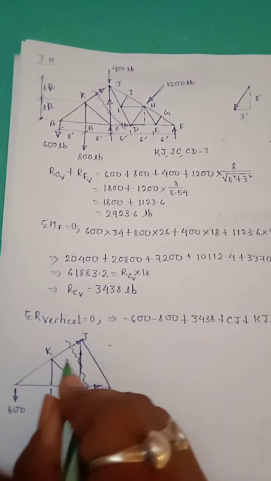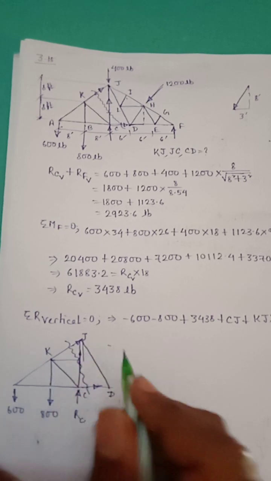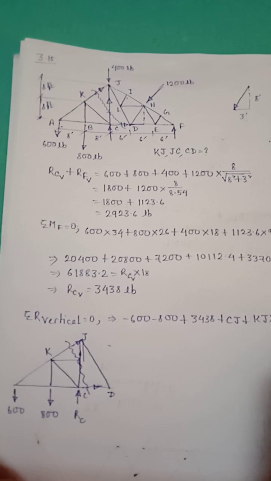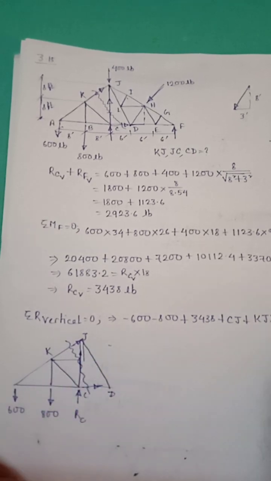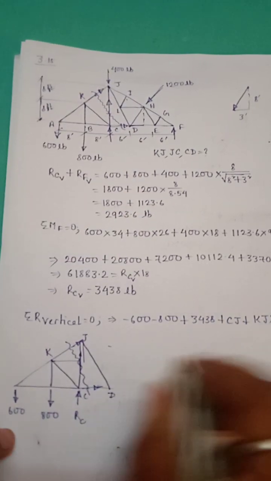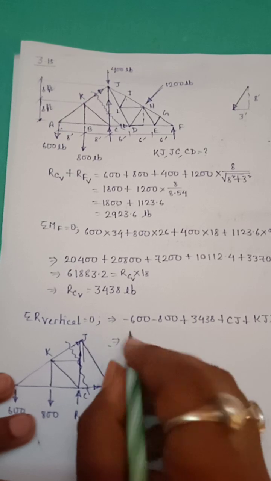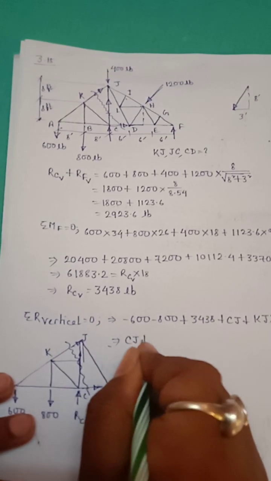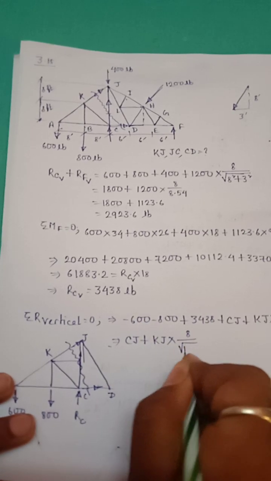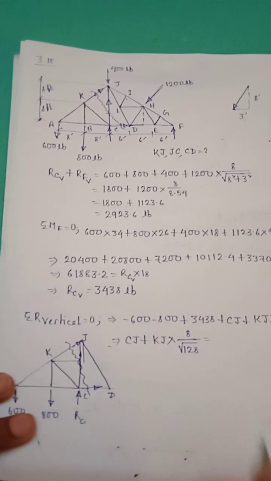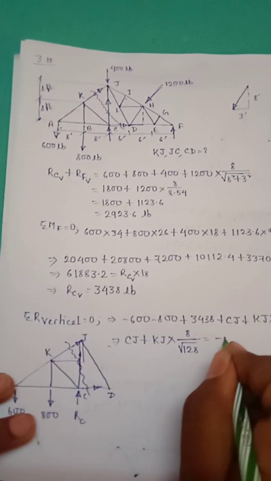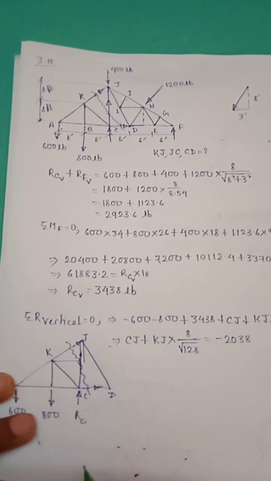KJ into 8 by root over 8 square plus 8 square equal to 0. CJ plus KJ into 8 by root over 128 equal to, this will come out minus 2038.